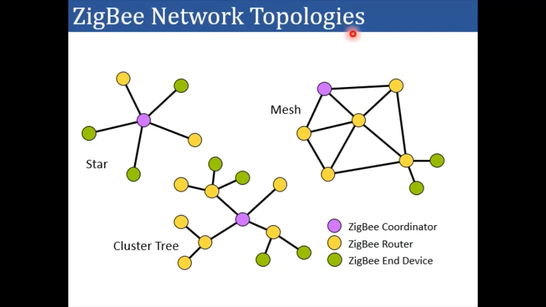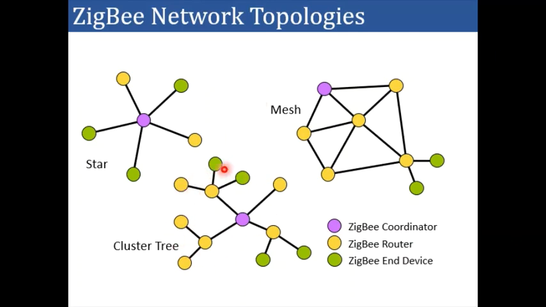So various topologies which we use in Zigbee, we use star topology where we have multiple end devices and we have Zigbee coordinator to coordinate among various end devices, and we also have Zigbee router to hop the data to the remote end.